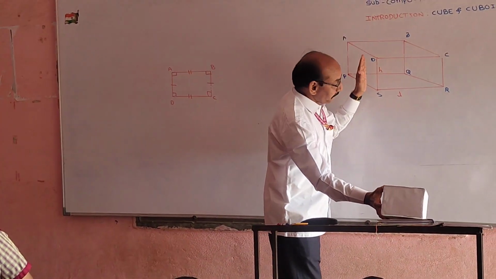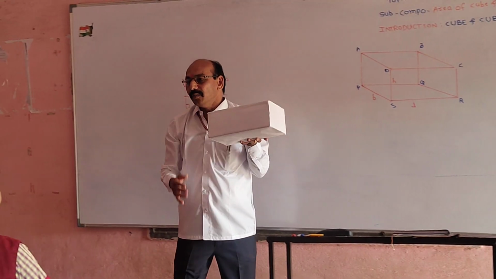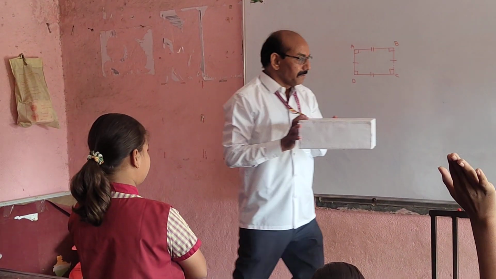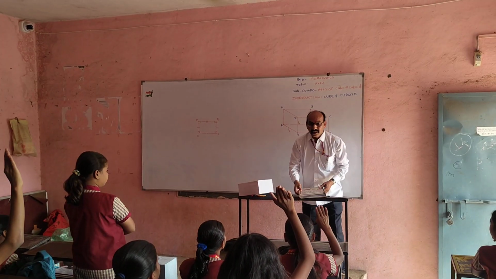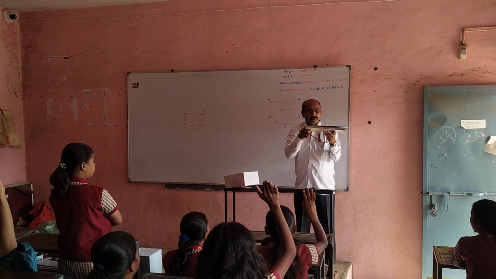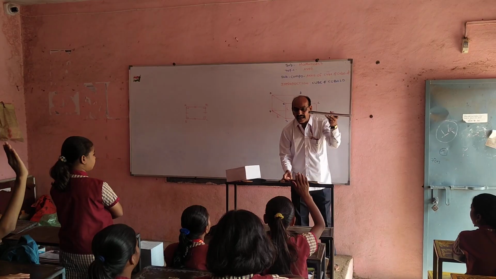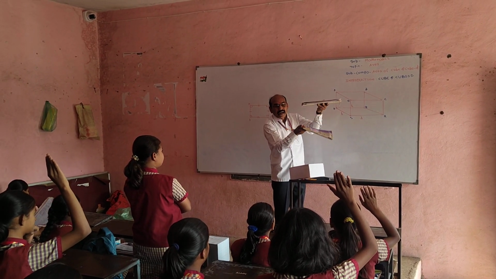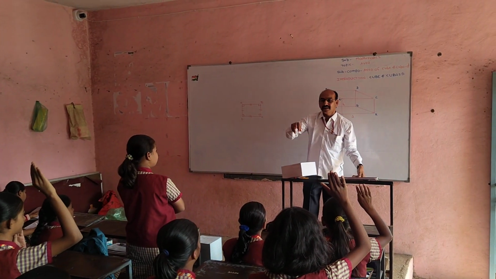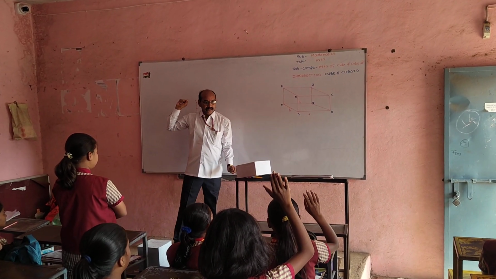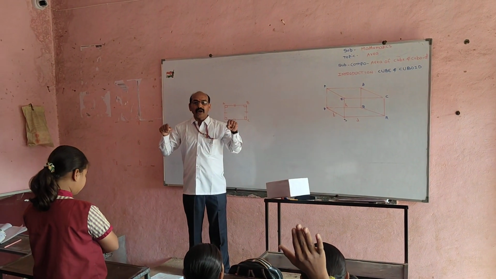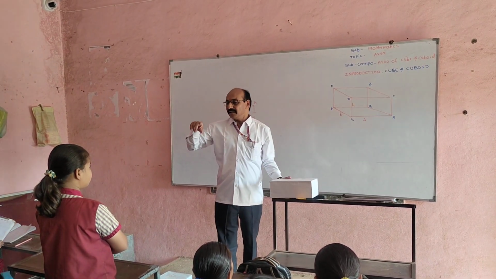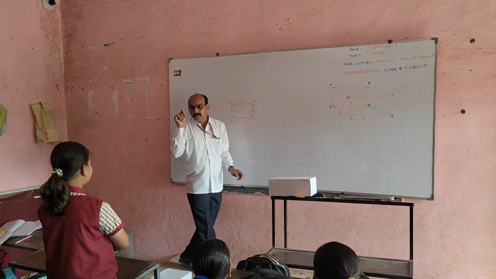Now how many edges does this figure or box have? Edges means, for example, we are given two planes or faces. This one is the first face and another one is this face. These two faces connect with one corner line. For example, this room is an example of a cuboid.